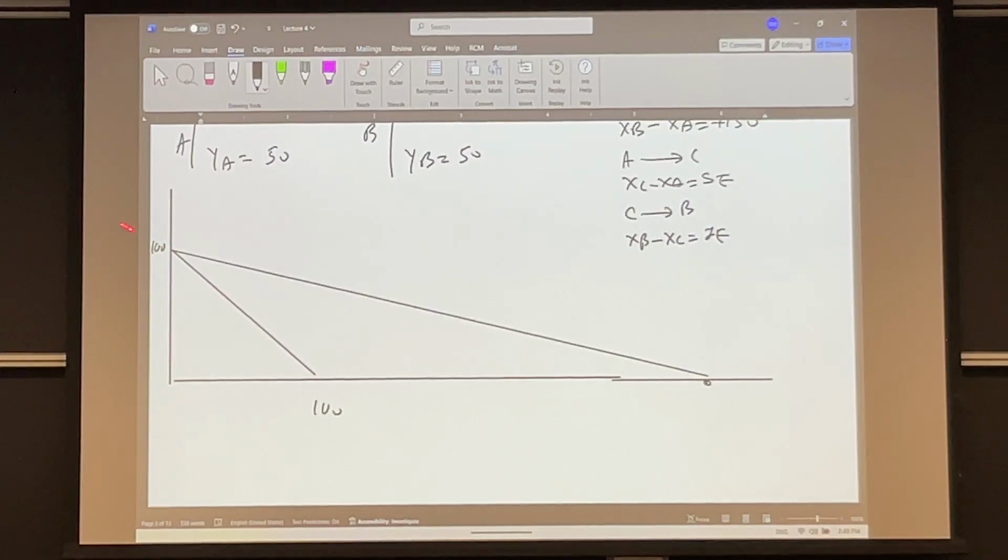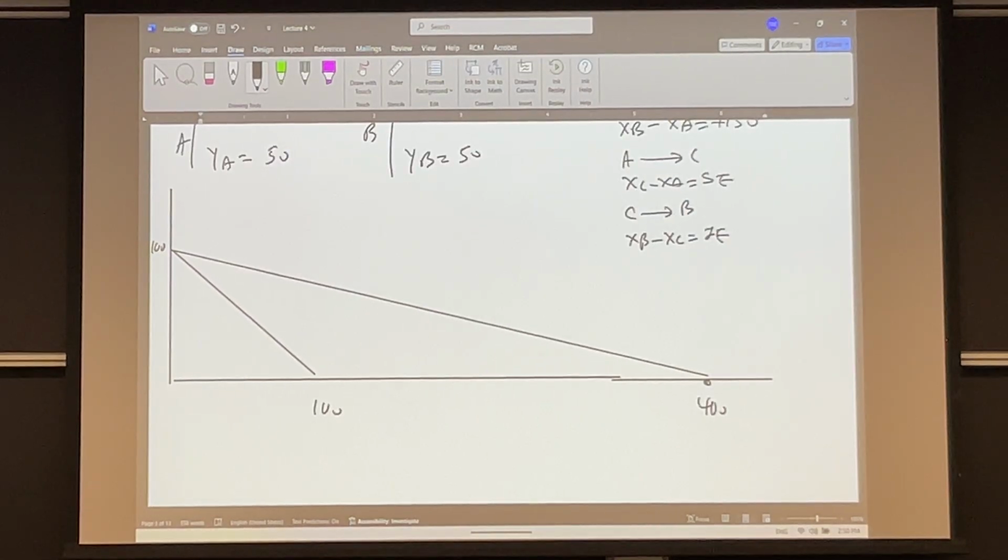That's the initial budget line, 100. What's the end of the budget line for the terminal budget line? That should be 400, right? The price is 25 cents. That is 100 divided by 25 cents, that's 400. Alright? Okay.